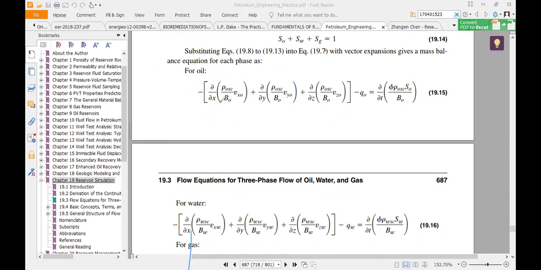So all what you have here, this is the accumulation term. This is a sink or source term.